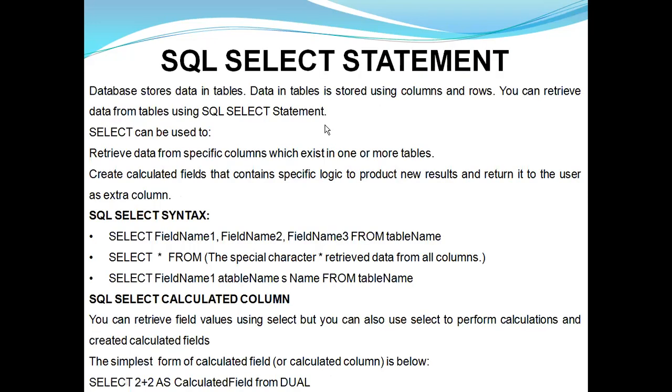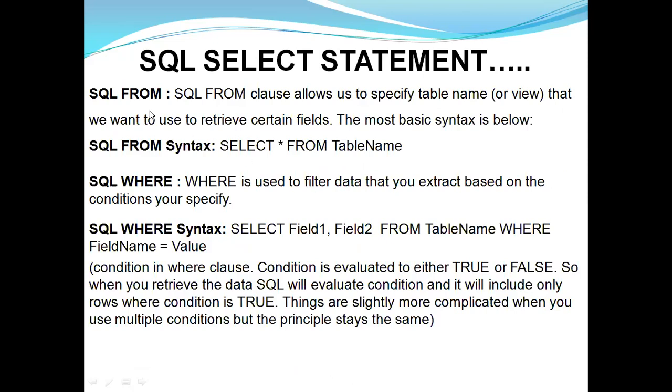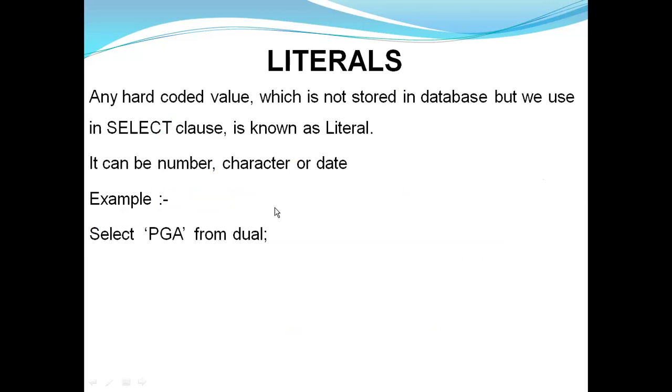Is the select statement clear to everyone? Yes. Is the from clause clear to everyone? Yes. Is the where clause clear to everyone? Yes. Literal: we have already discussed that a literal is what you provide as it is. A virtual column is called a literal. I have written here select PGA from dual. In that case, what will be the result?